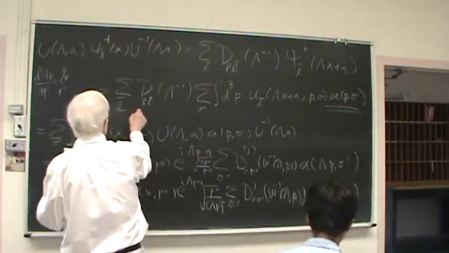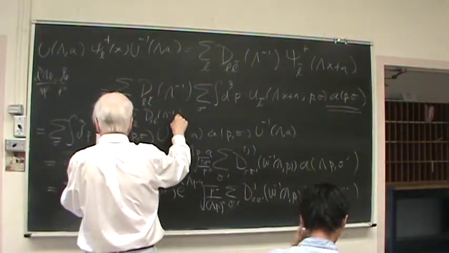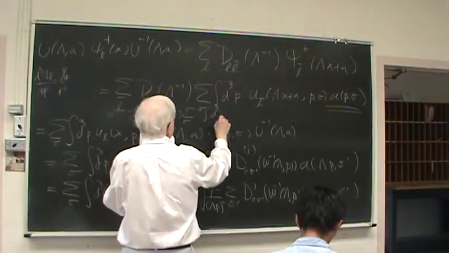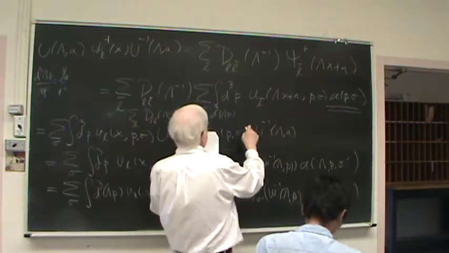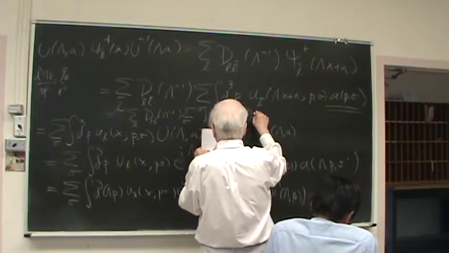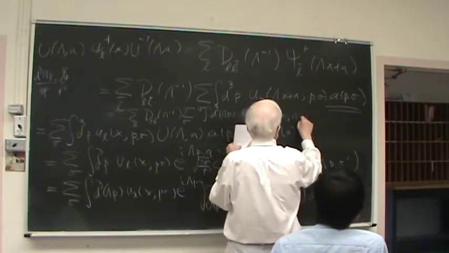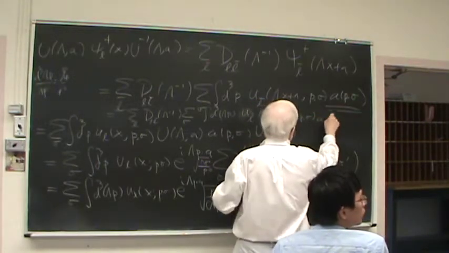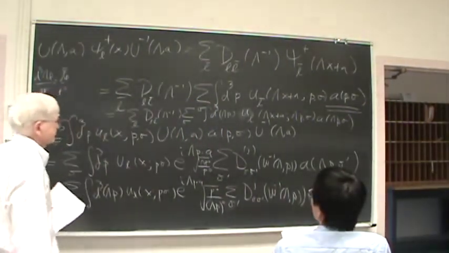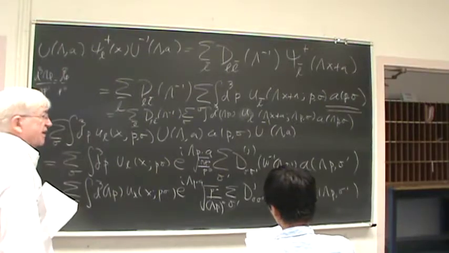That equation was sum L bar, dl L bar of lambda inverse, sum sigma d^3 lambda p, u L bar of lambda x plus a, now lambda p and sigma, a of lambda p and sigma. So we've just changed variables a little bit there.